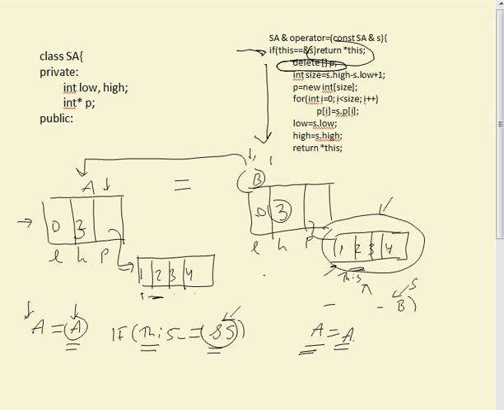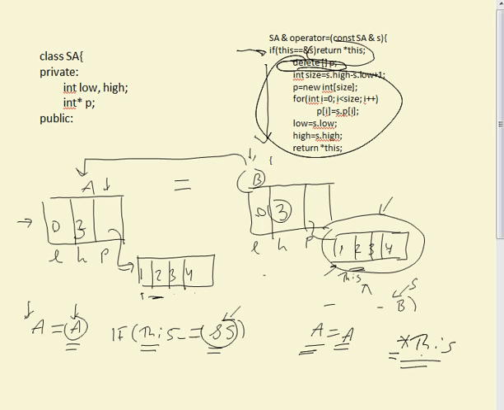What we simply want to do is return. I'm not going to do anything because there's nothing to do, but in order to guarantee that we don't mess anything up, we simply return. And what do we return? We return star this. What's star this? Remember, this is an address. Star this dereferences that, gives you the name or reference to the left-hand side. So saying A is equal to A basically returns A.